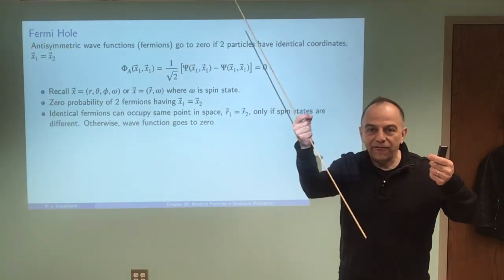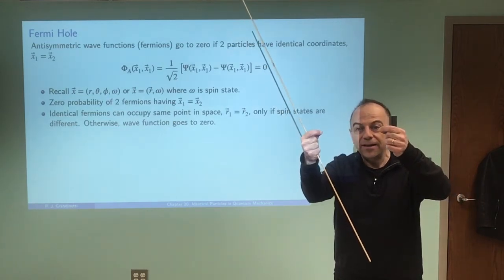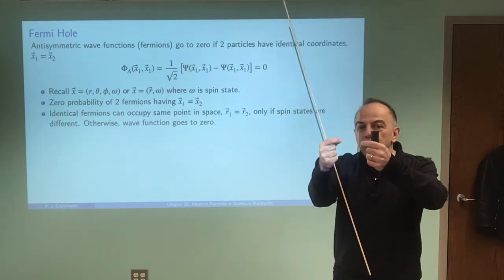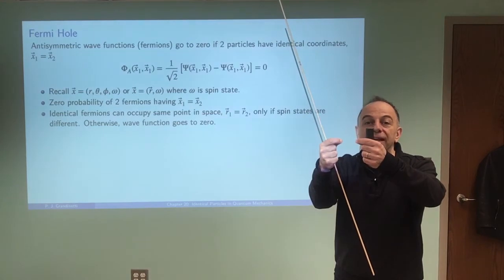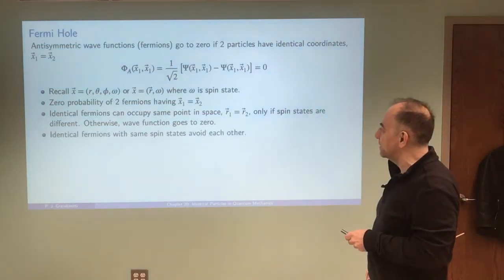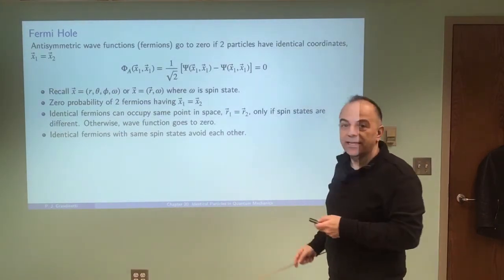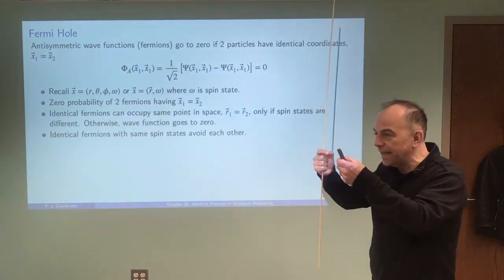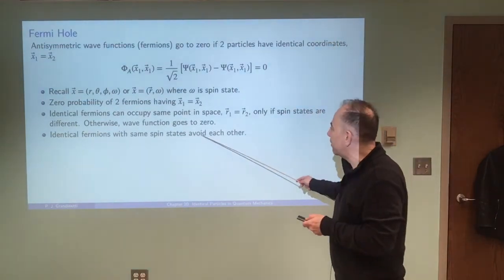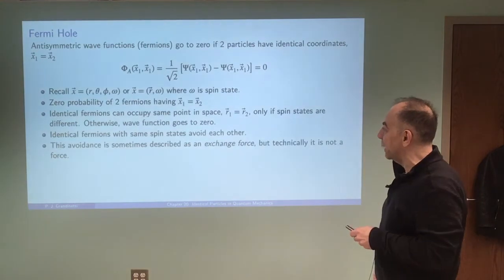So if I have a fermion here and another identical fermion comes nearby, there is really no place for the other fermion to get into that same location in space. The wave function will go to 0. So they'll avoid each other, in a sense. They won't come together, because if they did, the probability goes to 0, and that's just not likely to happen.